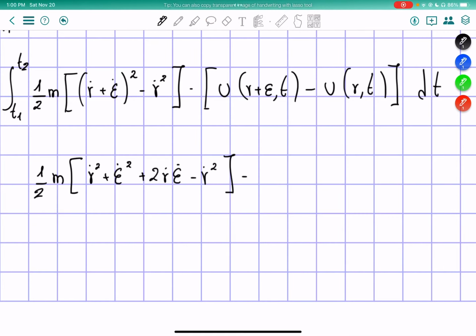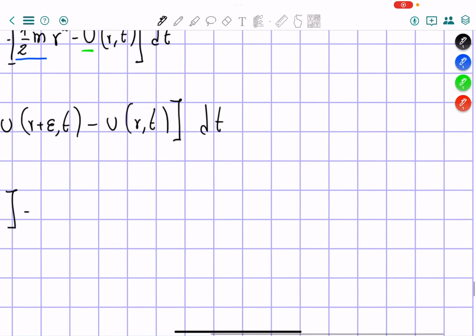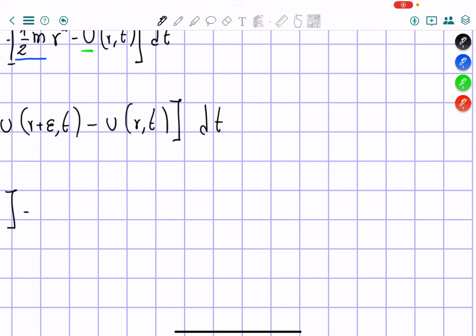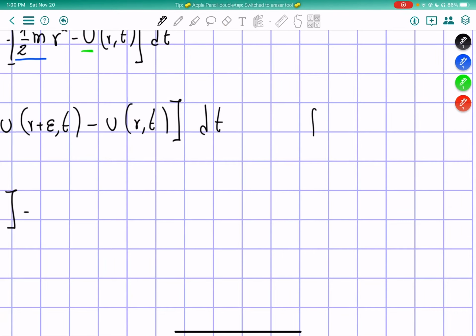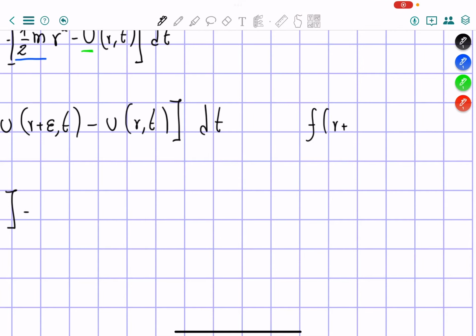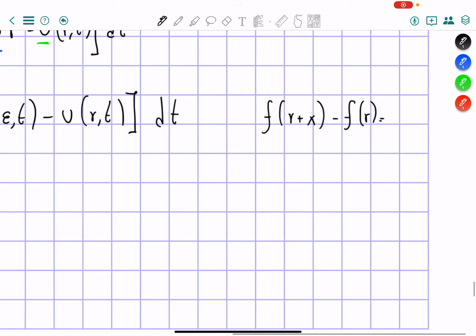But one thing that you can remember actually is this part over here. So we know that a function of, for example, let's call it r plus x minus a function of r is equal to x times the gradient of our function.